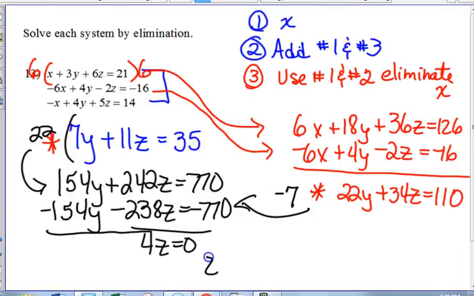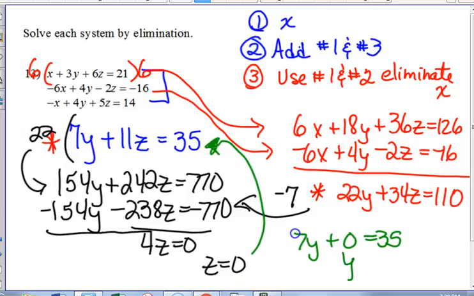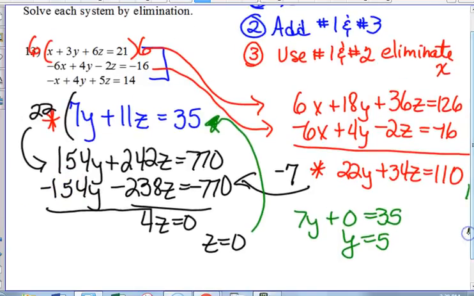So I get what? Okay, now where could I plug that back in? Anyone that has two variables. Okay? So if I plug it in here, it'll say 7y plus 0 equals 35. So y equals 5. Now what? Put those both back in, like the very first one. Sure.